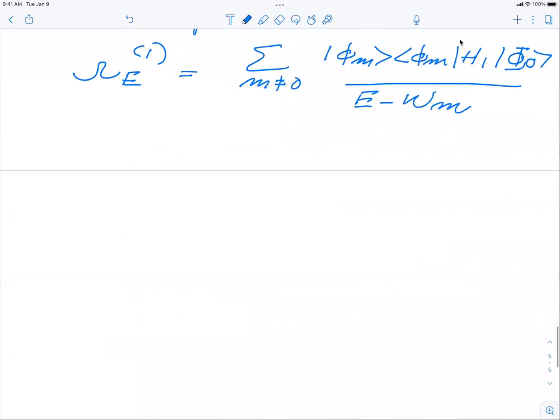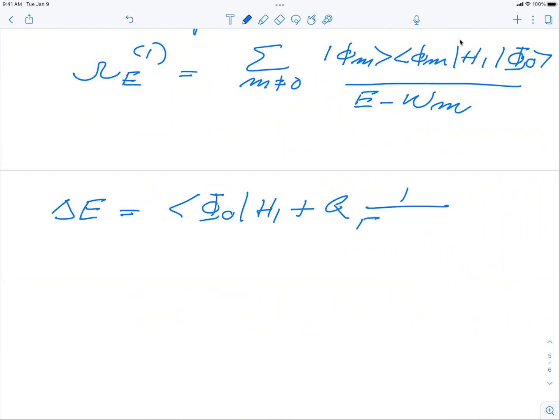This is now given by phi_0 of H_I plus H_I Q times 1 divided by E minus Q H_0 Q, multiplied with Q H_I phi_0. This is a much more compact way of doing that.